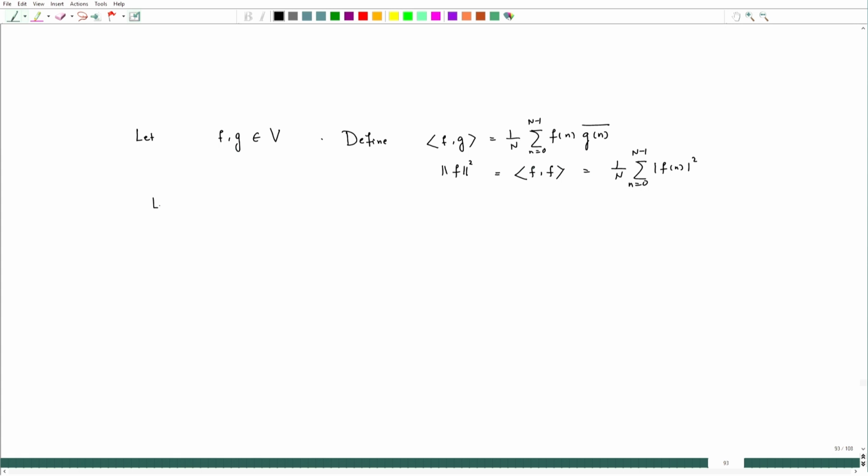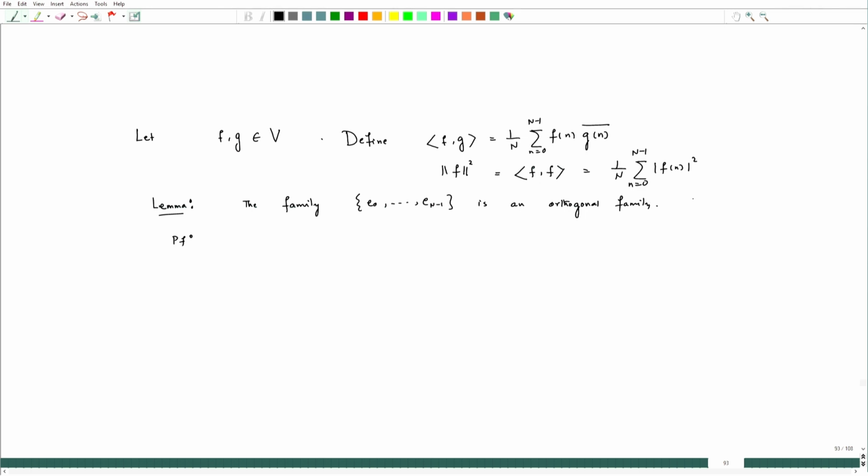So, let me write it as a lemma: the family E_0 to E_(n minus 1) is an orthogonal family. The proof is trivial.